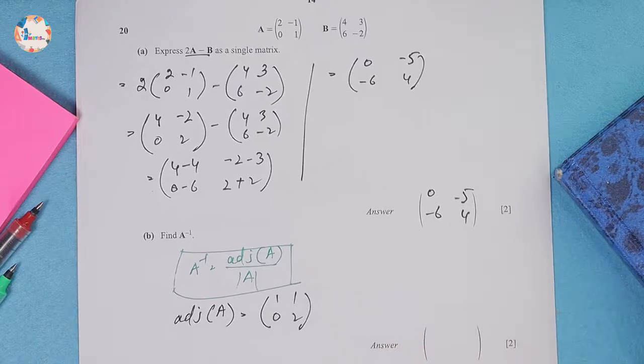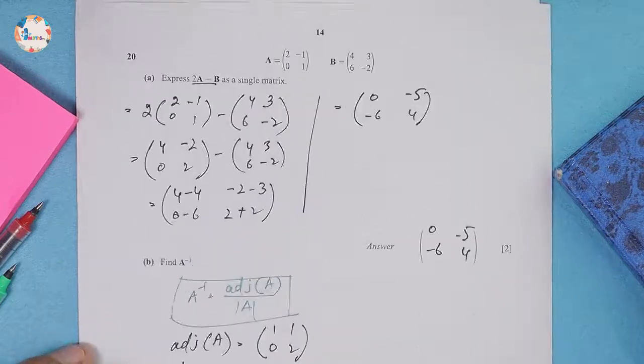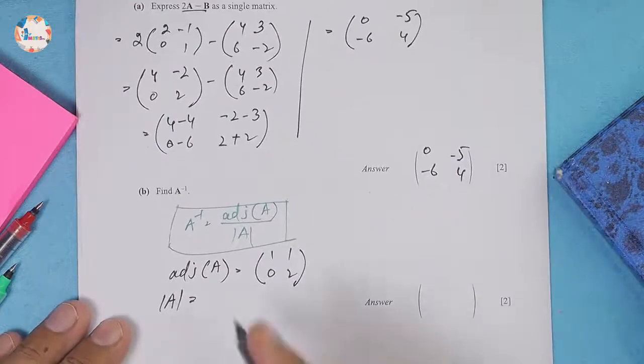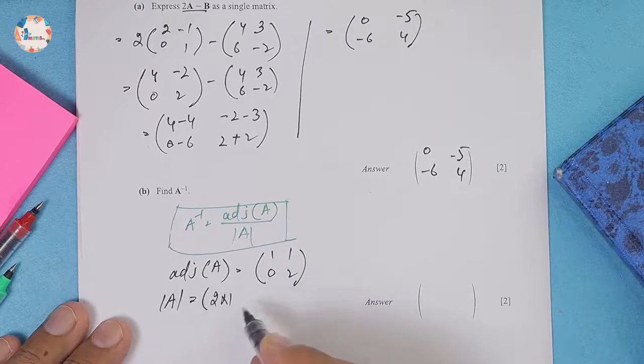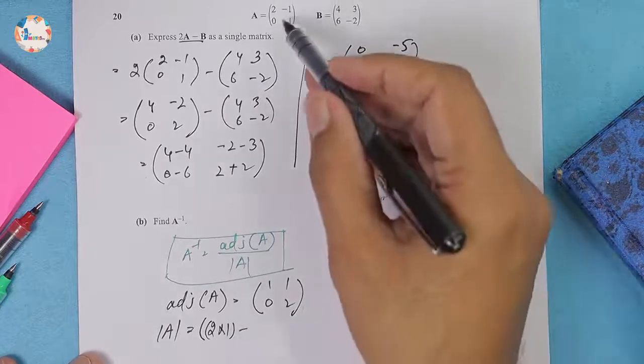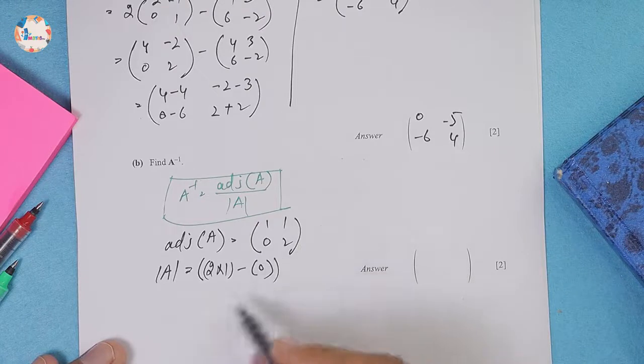This will be adjoint of A, and now we can write mod A. Mod A will be 2 multiplied by 1 minus 0 multiplied by minus 1. This one, 0 multiplied by minus 1, will be 0, so this will be equal to 2.